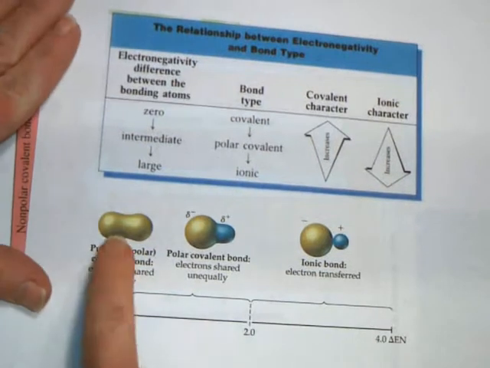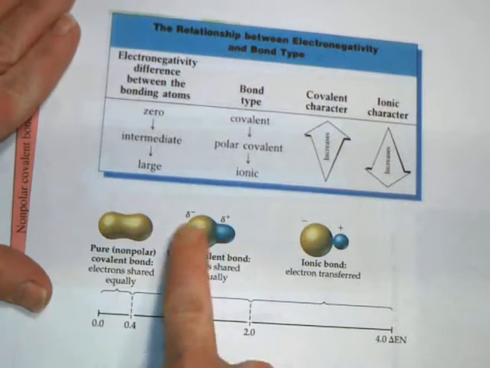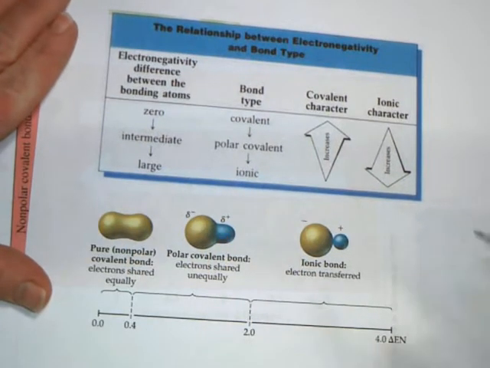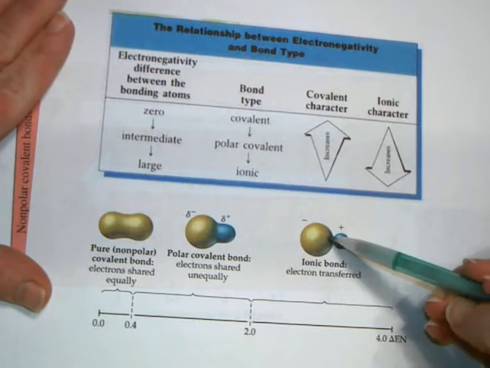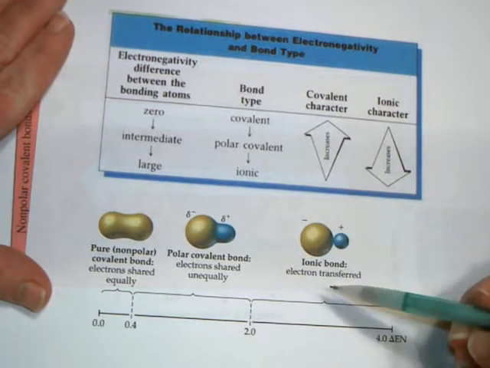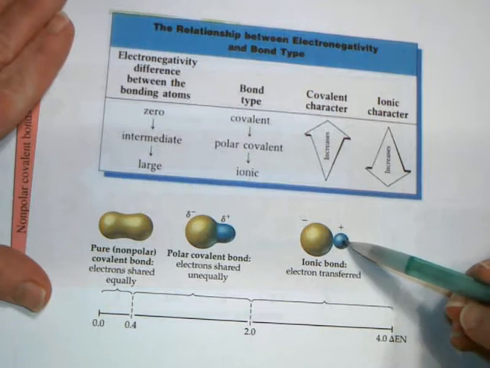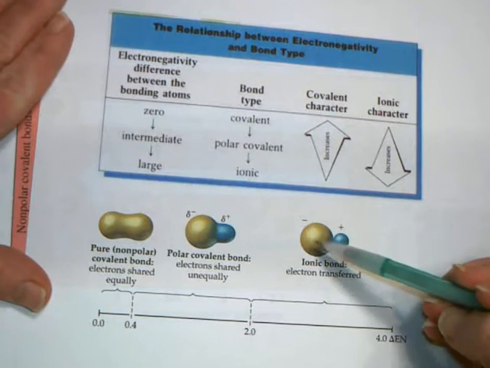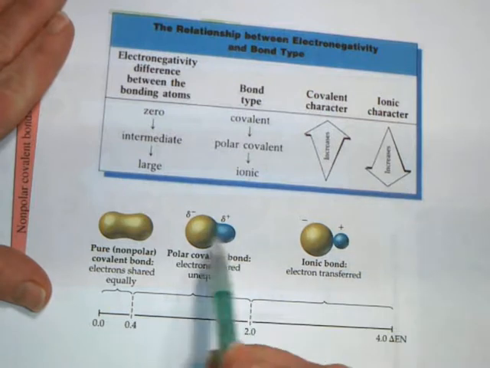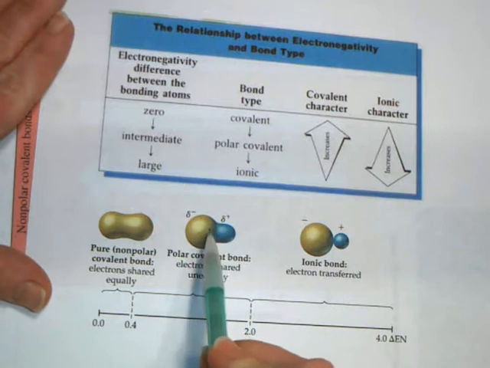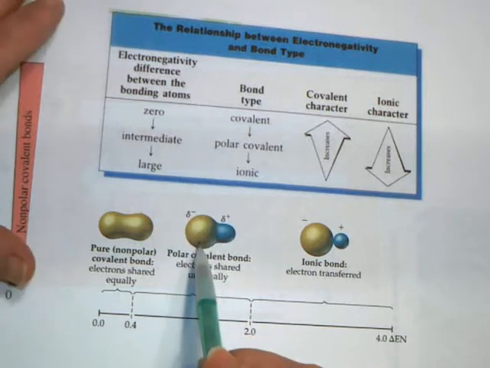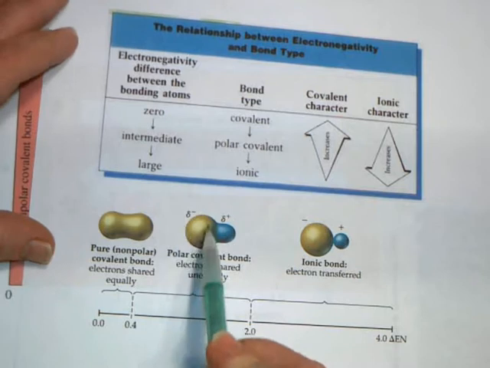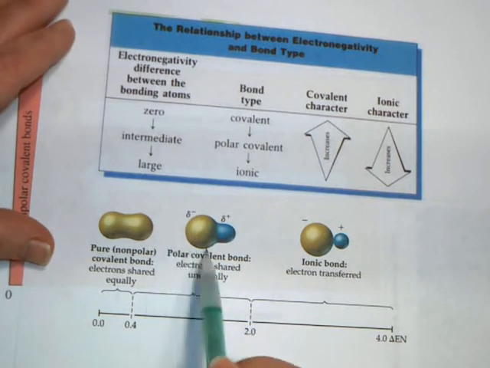And this is just a graphic showing electrons and where they're spending their time. Now, this would be our cation and anion. The anion keeps the electron. The cation has lost it, a full positive and a full negative. In a polar covalent bond, the part where the electrons are spending more of their time is going to be the more negative part of our bond.